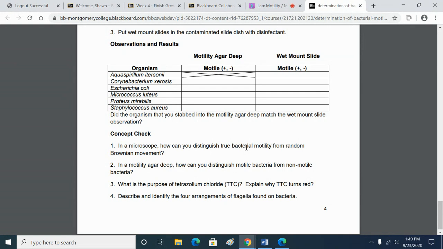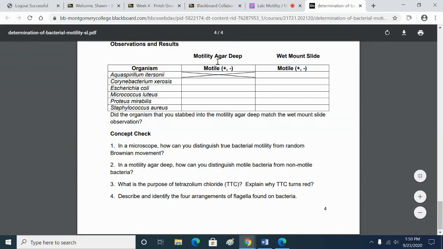What if they're all over? Peritrichous. If they have a cluster of flagella? Lophotrichous. Yep, and just one flagellum? Monotrichous, right?